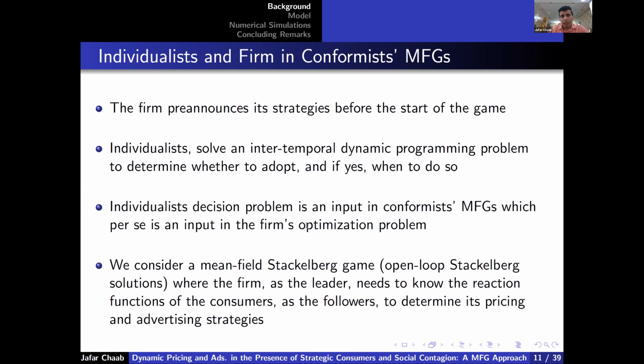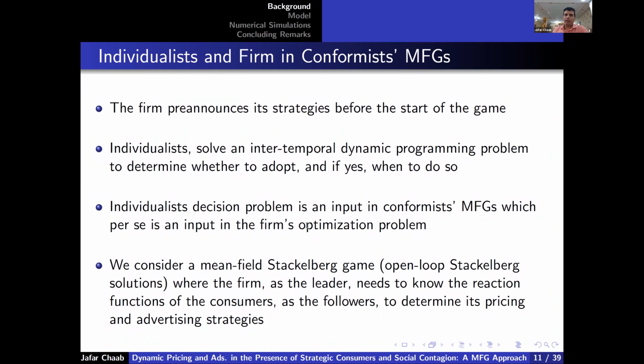So how do the individualists and the firm come into the picture of the conformist mean field games? Overall, it works in the following way. The firm pre-announces its strategies before the start of the game. Afterwards, the individualists react to the firm's strategies by solving an intertemporal dynamic programming problem.